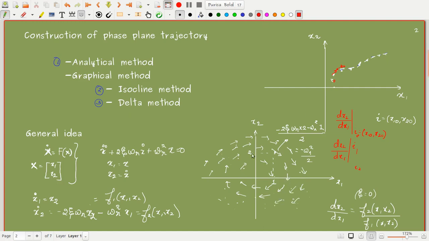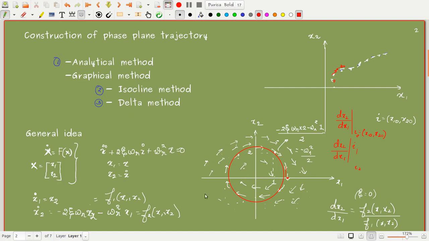Now if you have an initial point here, I know I have to go down here. If I go down here, I know I have to trace this path. So similarly, I will go like this, like this, like this, and I will come here. This is how we plot the phase trajectory. This is the idea of plotting the phase trajectory.